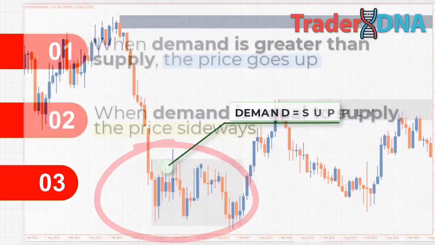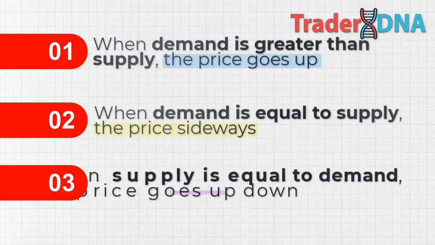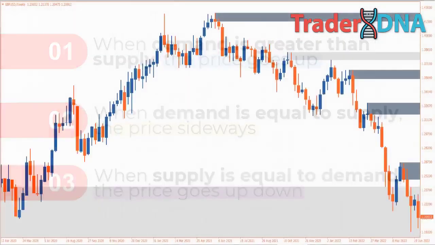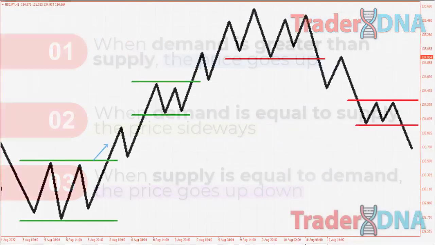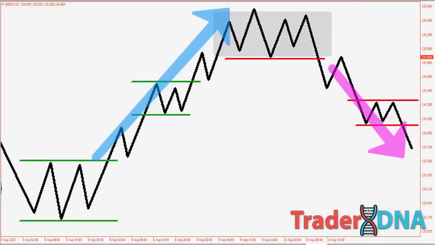Third, when supply is greater than demand, the price goes down. There are uptrends and downtrends or price ranges.